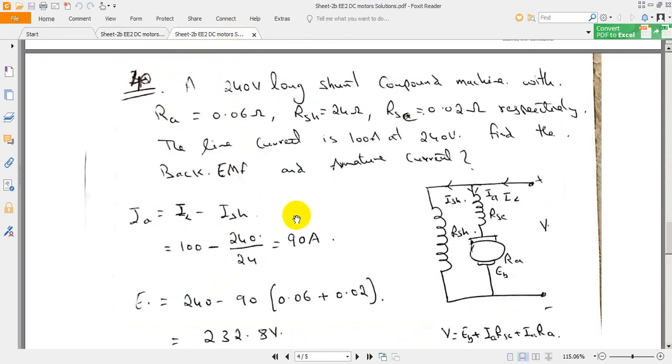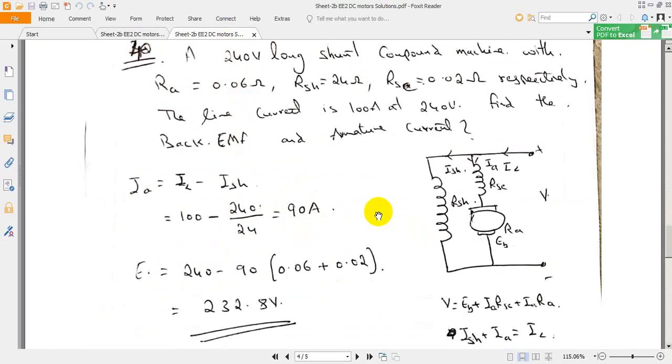The best thing is we need to draw the equivalent circuit. How to draw the equivalent circuit? Based on the name. What is the name? Long shunt compound. Long means the main field winding is connected in parallel to the series combination of armature winding and series field winding.